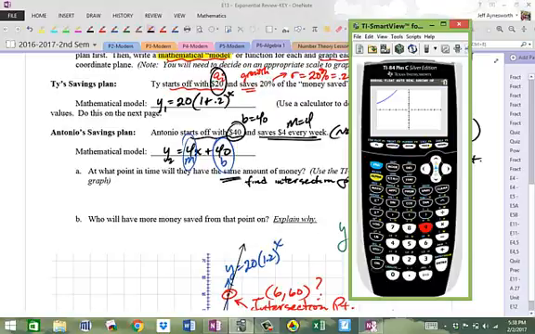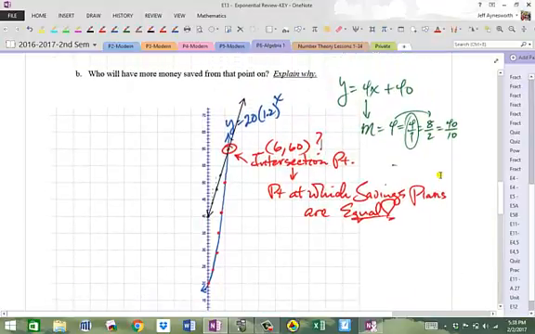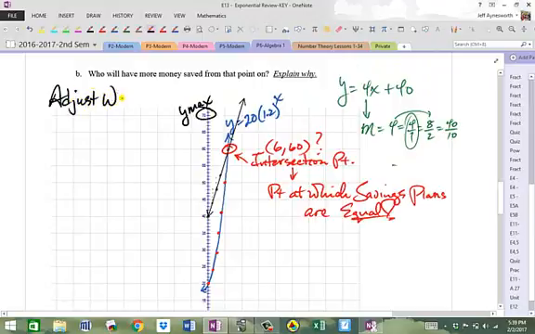Let me talk about the window. In order to see what we see on paper, I need to take a look at this number here. This is called Y max. What we're going to need to do is adjust the window. I want to set Y max to 70. So Y max I'm going to put to 70.